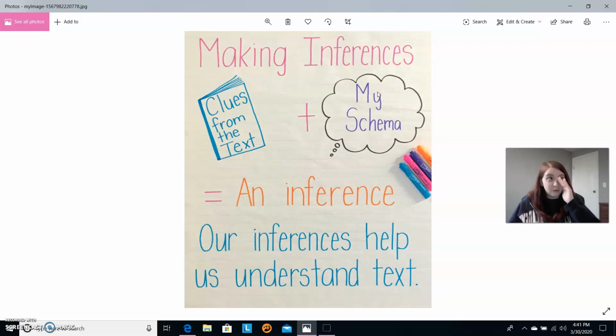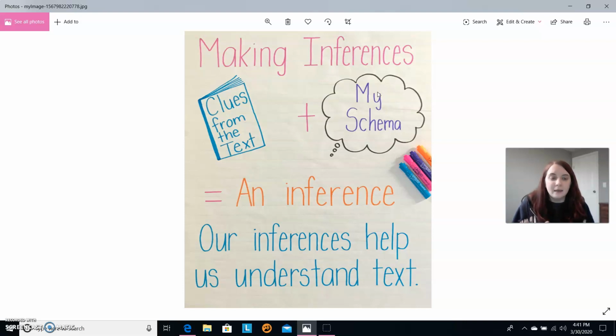And those are things that help you understand a text. So for example, if I was to ask you, what clues tell you that I'm going to a party later? Well, my text might say all the friends got together and blew up balloons. She also had party hats ready.